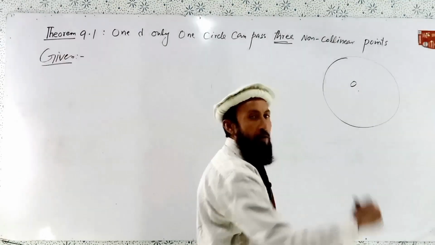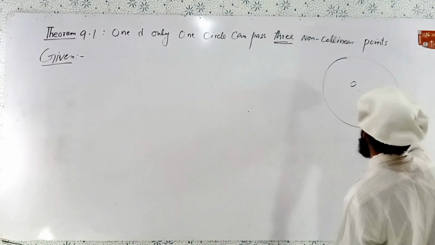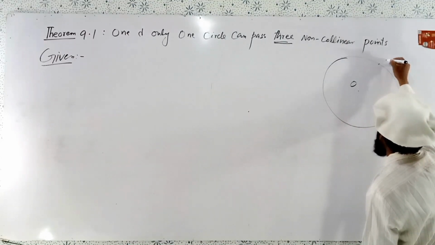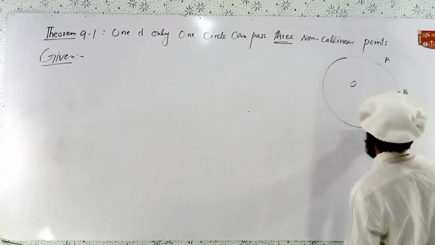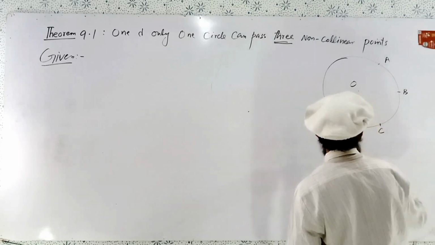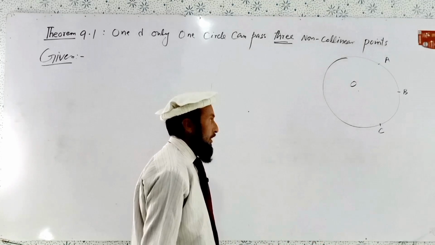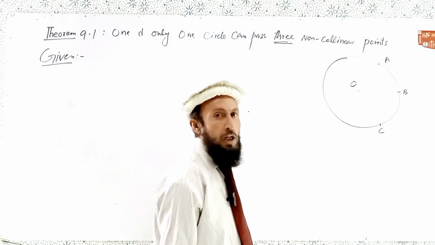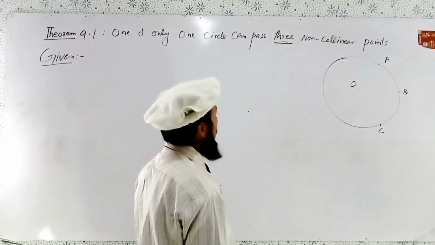We draw a circle, and here three non-collinear points are required. We write here A, B and C. We can also give the names PQR or LMN. This is your choice.